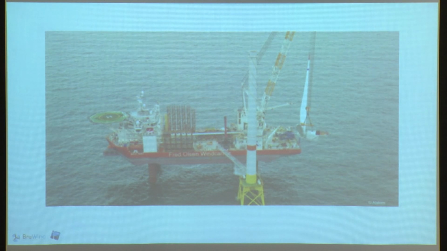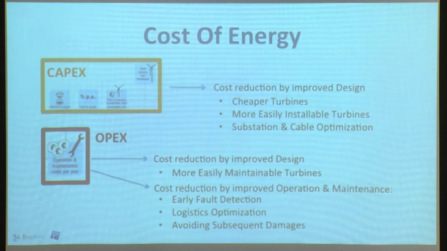One of the partners in the OELAB project, DEME, have a new installation method called high wind, where they can install also with high sea and try to go to more robotic installation. So capital expenditure: cheaper turbine by knowing better what happens and more easily installable.